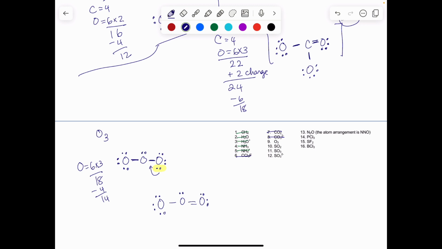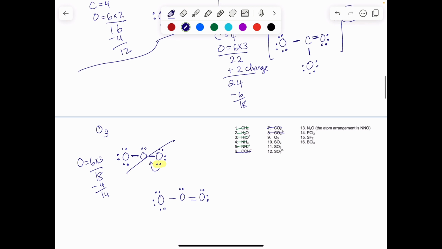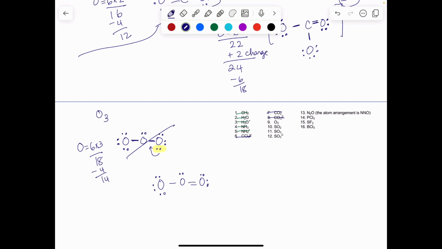Now I could have done the right oxygen, I could have done the left oxygen, that doesn't matter, but that means there's resonance. You should draw 2 resonance structures for this with a double bond in both places. But for the next part of the lab experiment, this structure will get you the right answers. All right.